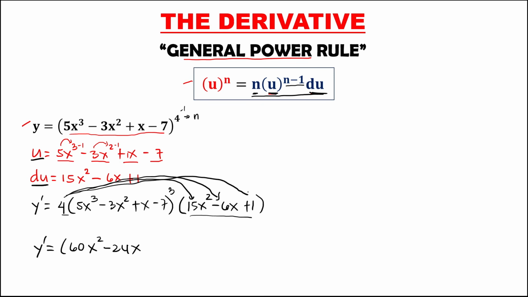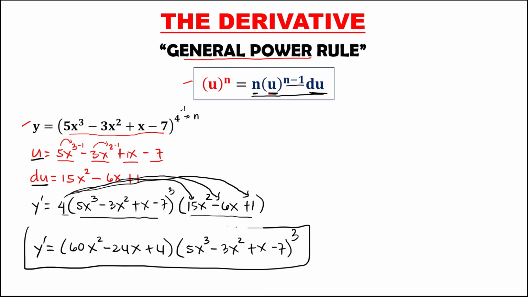And 4 times 1, so this is positive 4. Then bring down this 5x to the power 3 minus 3x squared plus x minus 7, then quantity to the power 3. So this is now the derivative.